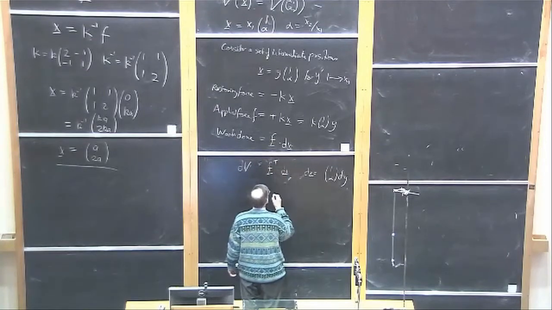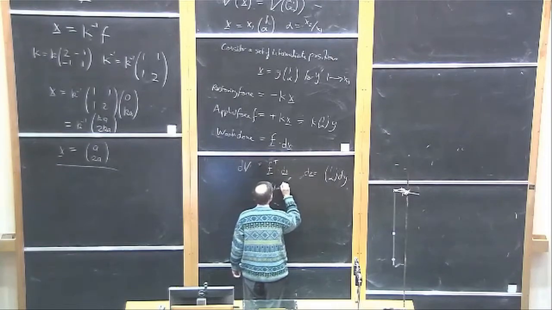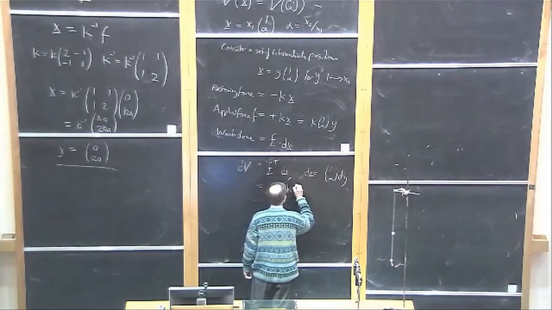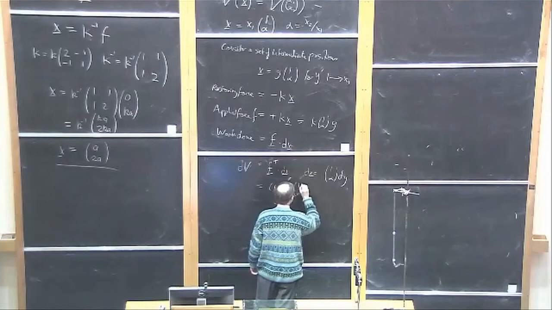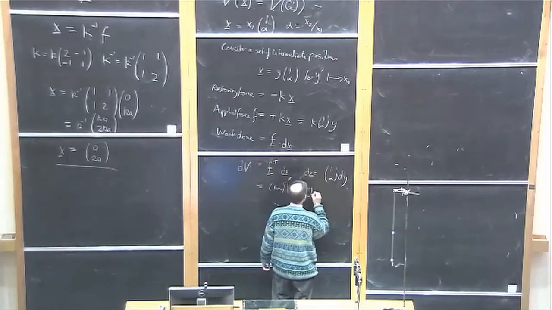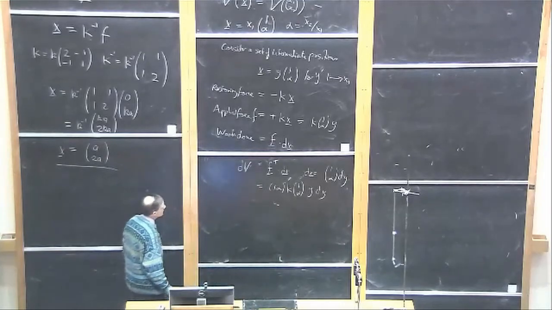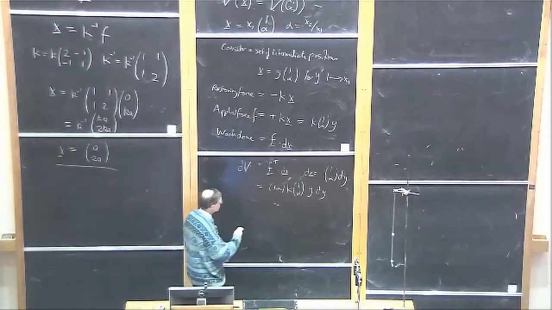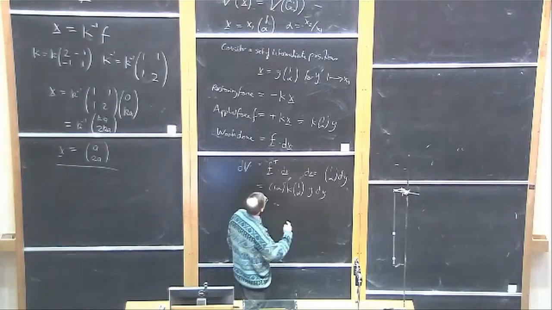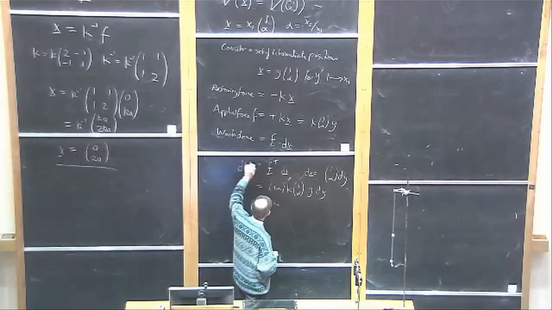Let's transpose that one, which is (1, alpha) k (1, alpha) y dy. So that's the work done to get us from x to x plus delta x.